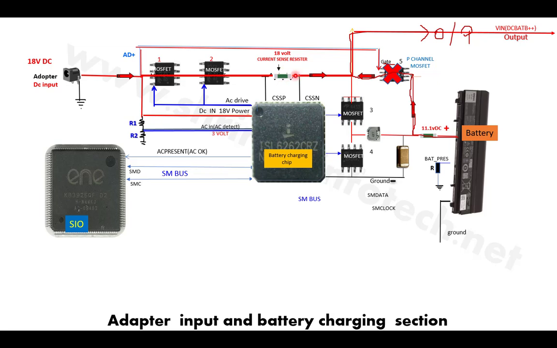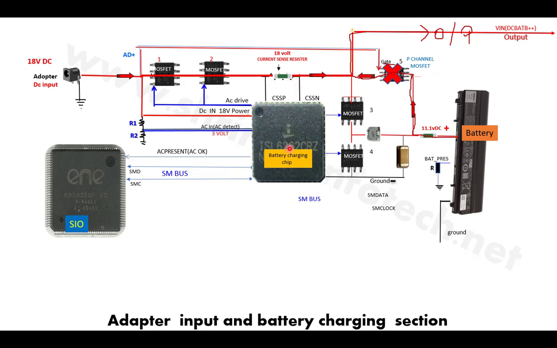According to Ohm's law, when the voltage travels from here, some minute voltage will be dropped across this resistor, and from that minute voltage drop, this chip will come to know how much current is traveling through this resistor. So it calculates like that. Then it will come to know, when I turn on both gates and the voltage enters the laptop, how much current is passing from the adapter.